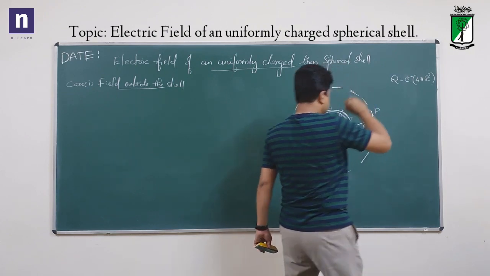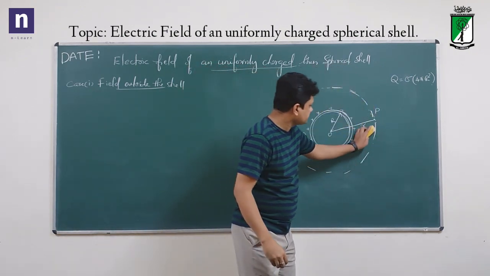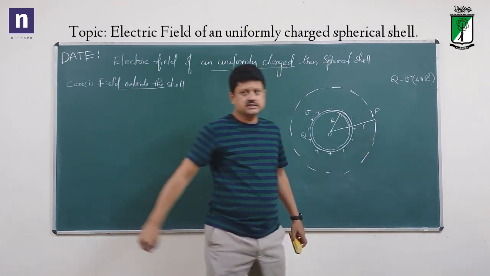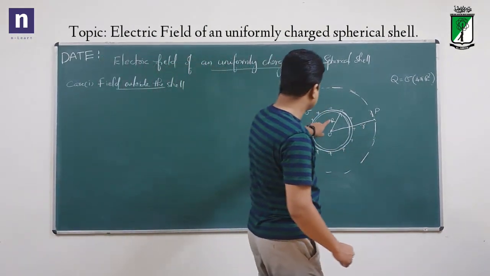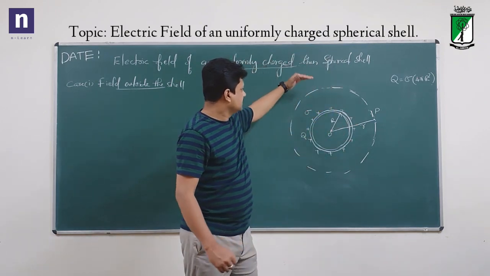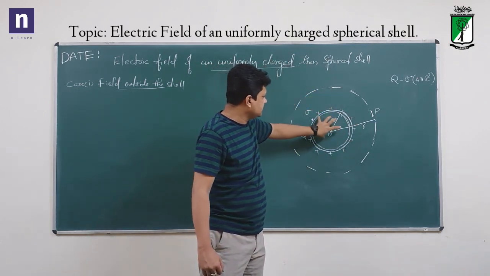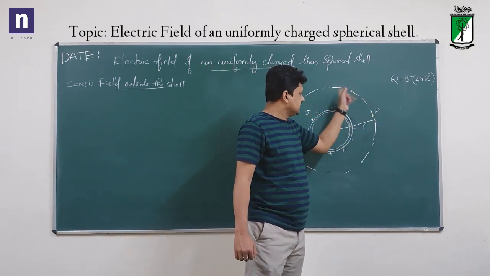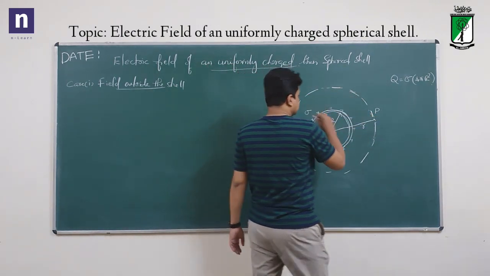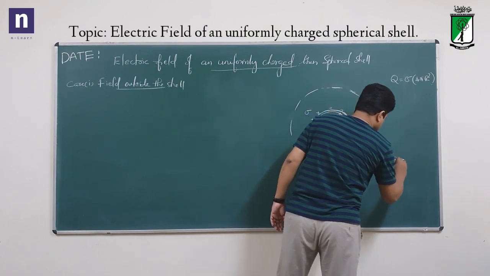This is an imaginary spherical surface to apply Gauss's law. Now this surface is concentric with the given shell, which means the imaginary Gaussian surface and the given shell have the same center, and also the point P is lying on this Gaussian surface. So this is a Gaussian surface.